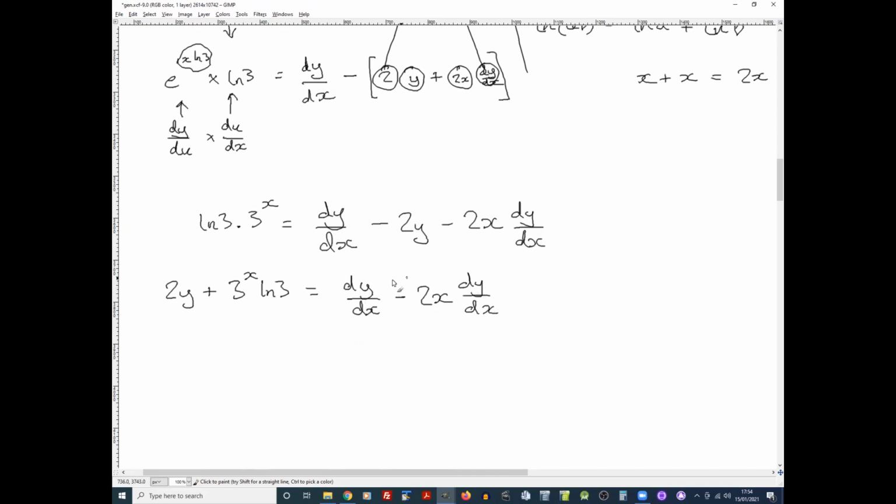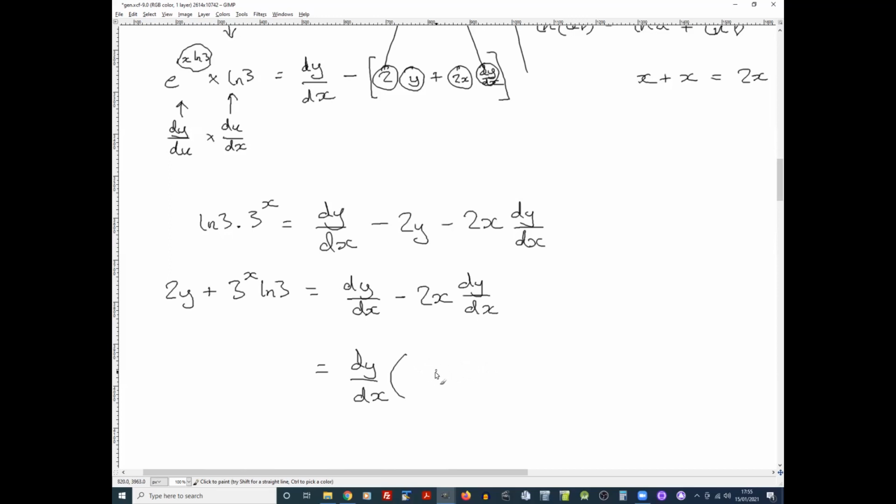Now we want to turn two mentions of dy dx into one by bringing it out as a factor. So bring dy dx out as a factor, and inside we'll have what? Just minus 2x?